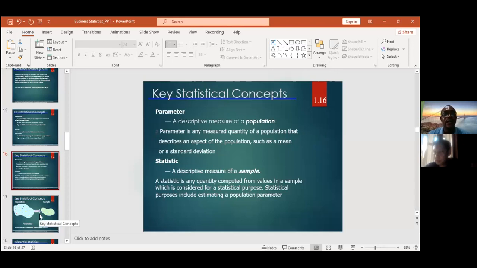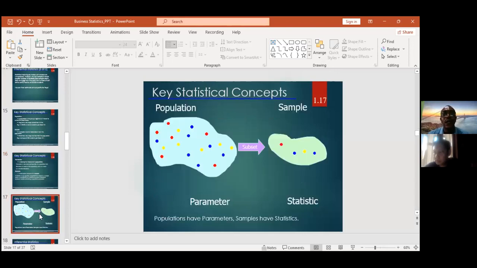So let's see this diagram to make it easy for us. Now, can you see the population and the sample? You can see that the population is bigger. The sample is smaller. If you look inward, you will see that you have red, blue, and yellow in the biggest population. Also, in the sample, you have red, blue, and yellow. The difference is that the sample is just a small part of the population.